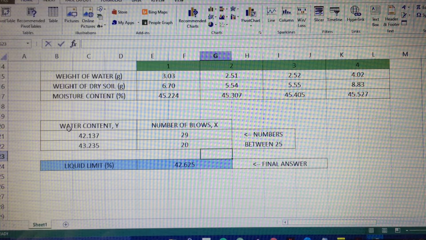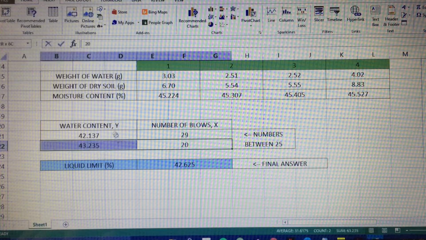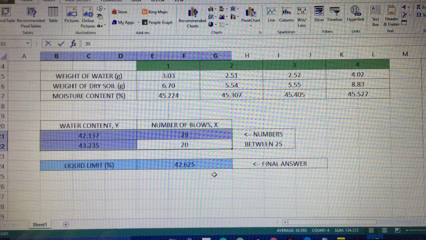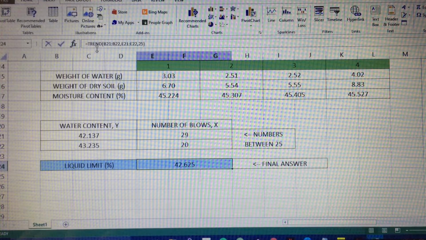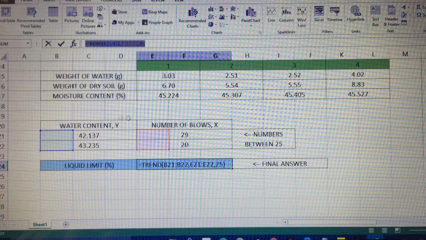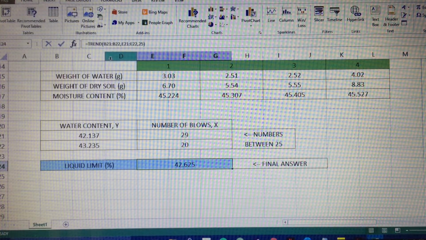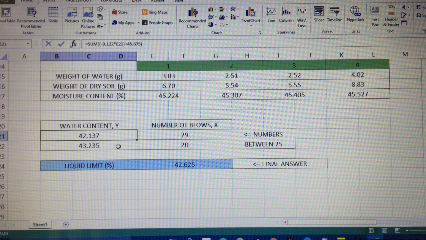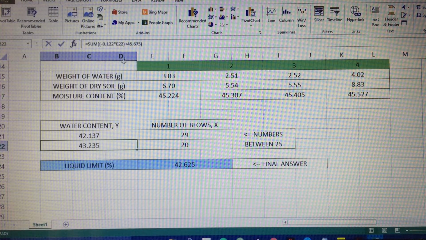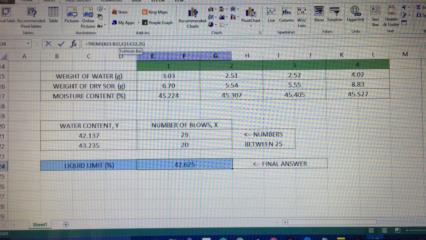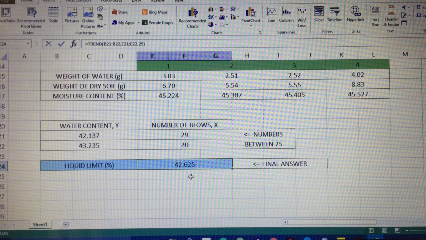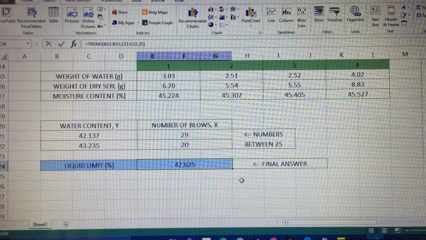Since nakuha na natin tong value sa water content and number of blows, ito lang yung kailangan natin in order to get the liquid limit. So, again, ginamit ko dito yung TREND function. The formula is TREND, open parentheses, itong first water content, then colon, second water content, and comma, ditong first number of blows and the second number of blows, then comma, 25 since yung hinahanap natin is liquid limit at 25 blows.